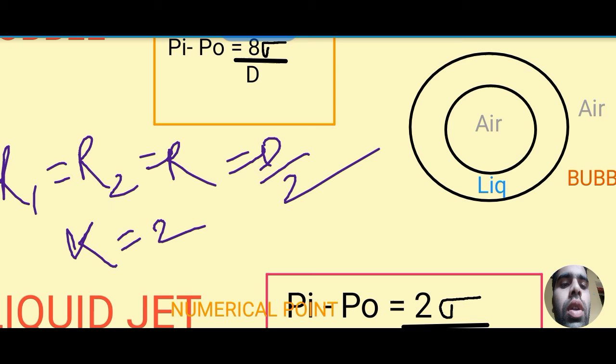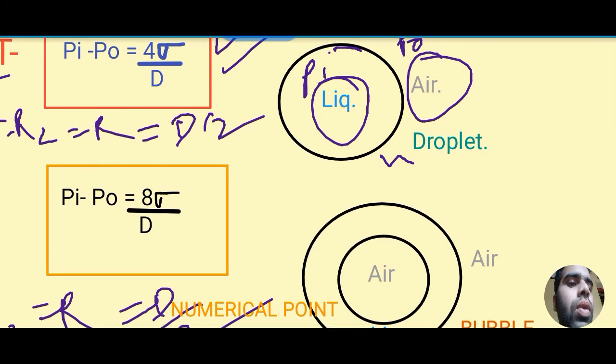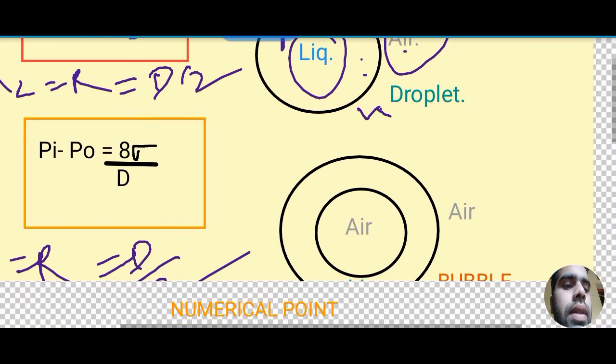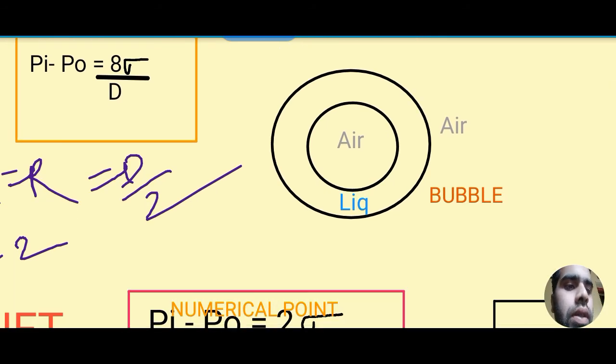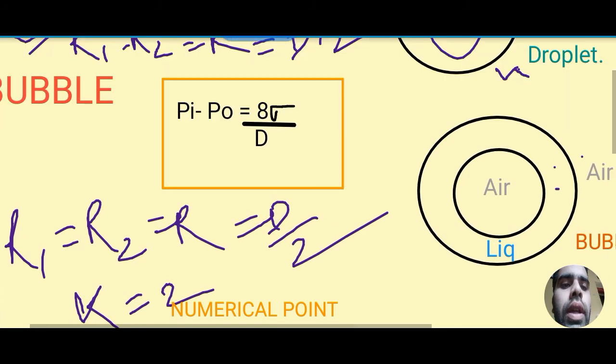For the droplet the value of K is 1, because there is only one interface, liquid and air. But here there are two interfaces, one is air and liquid, and the other is liquid and air. So the value of K will be 2. By putting all this, we get Pi minus Po equal to 8 sigma by D.